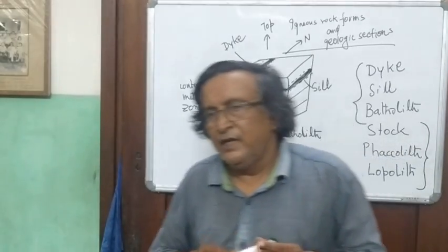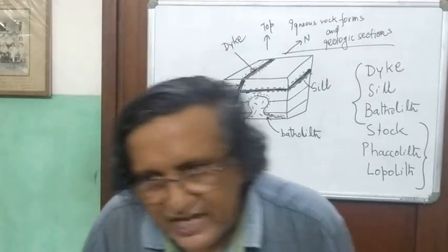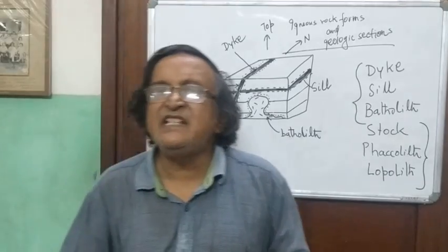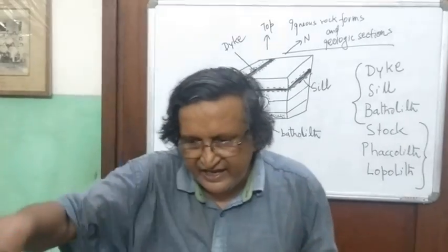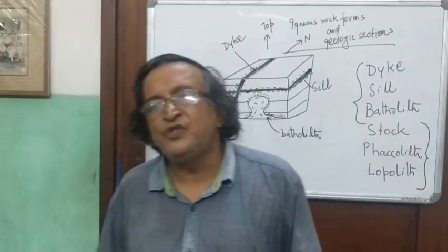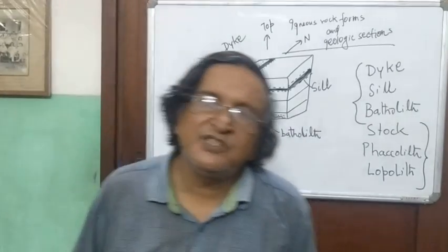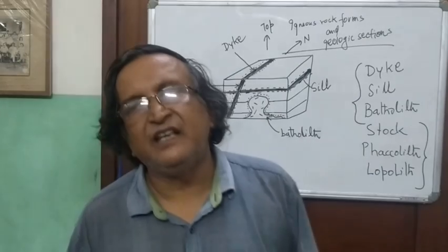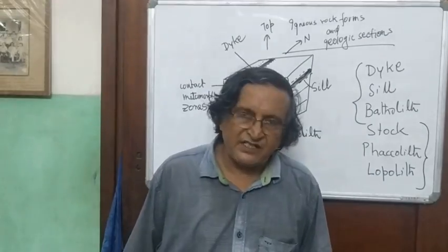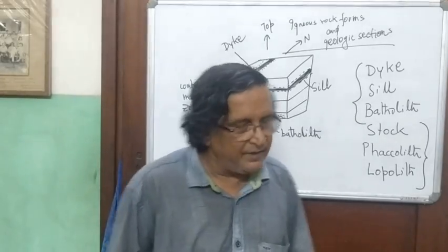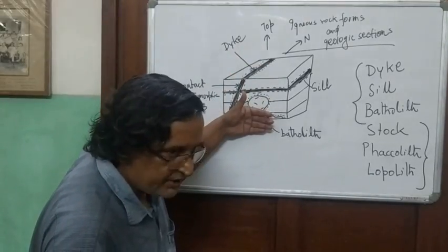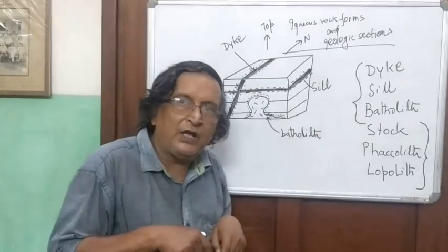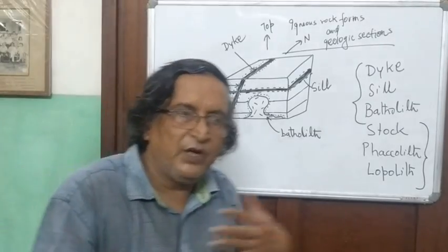For example, in America there is a place called Sierra Nevada batholith, which is 80,000 square kilometers in area. That is the dimension of the Sierra Nevada batholith, and that's very, very big. This you are seeing as a cross section. If this was exposed on the planar surface, it would look circular or elliptical or semicircular in shape.